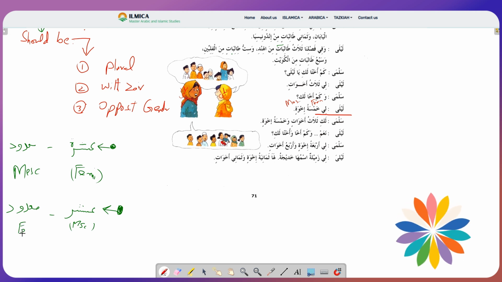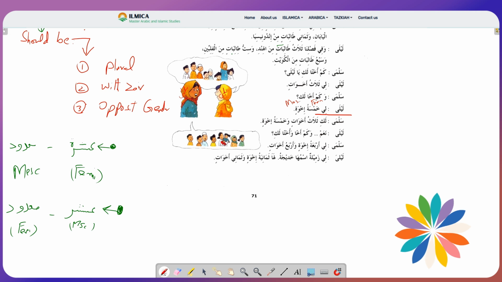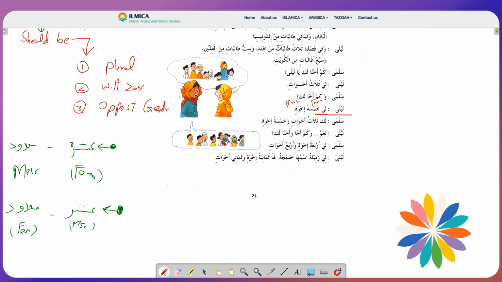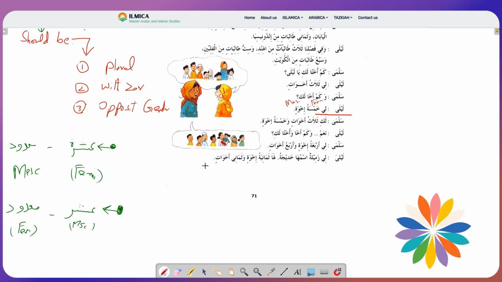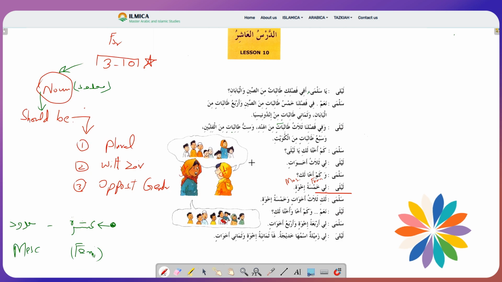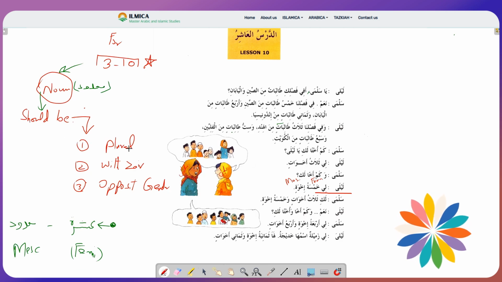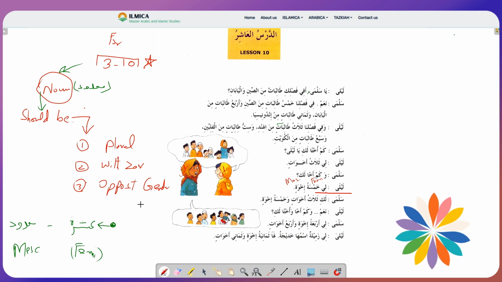That is the opposite gender. That is called the reverse relation in gender. All in all, in a nutshell, we have to maintain these three things. The noun madud should be plural. Secondly, it should be with tanween at the end. And number three, it should be opposite gender from the number.